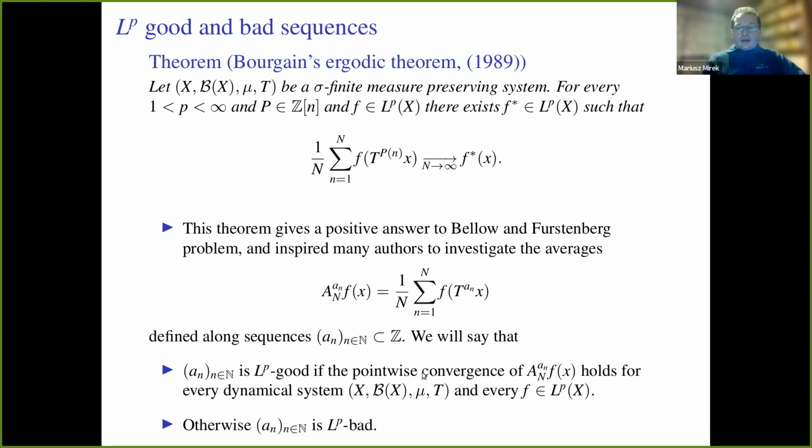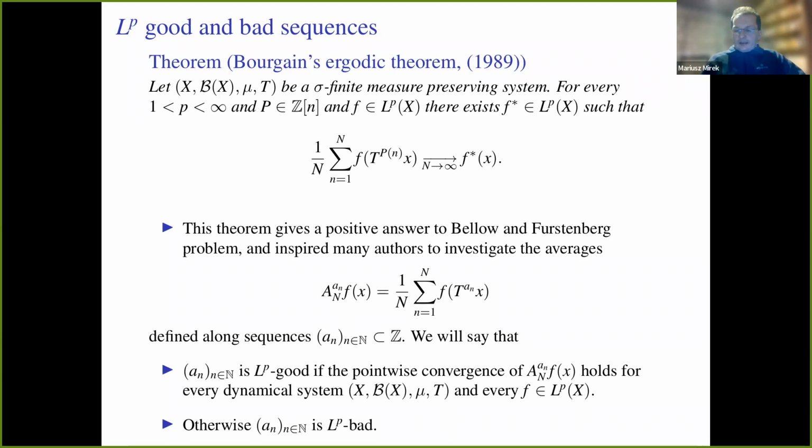Here too there are two natural definitions. We say that a sequence a_n of natural numbers is L^p good if the pointwise convergence for these ergodic averaging operators along a_n holds for every dynamical system and for every function in L^p. Otherwise we say that a_n is L^p bad.